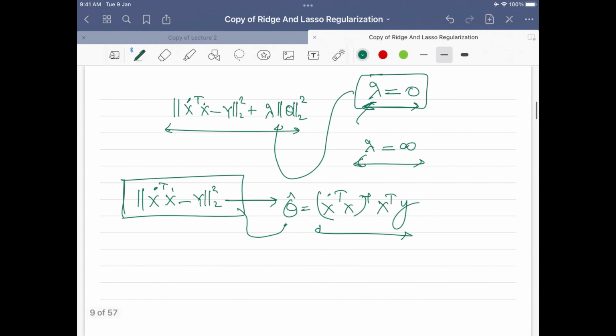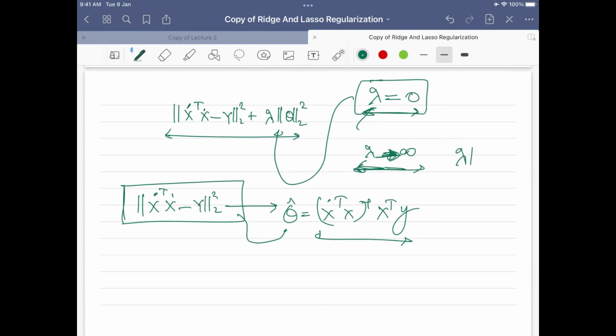If your lambda is tending towards infinity, then your cost function becomes this. If you want to minimize it, because you are trying to minimize arg min of lambda theta square, you want to know which value of theta will minimize this.